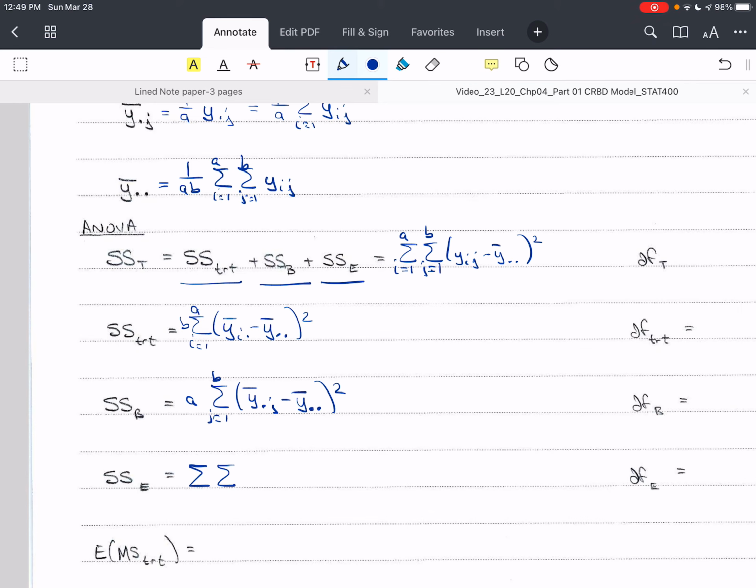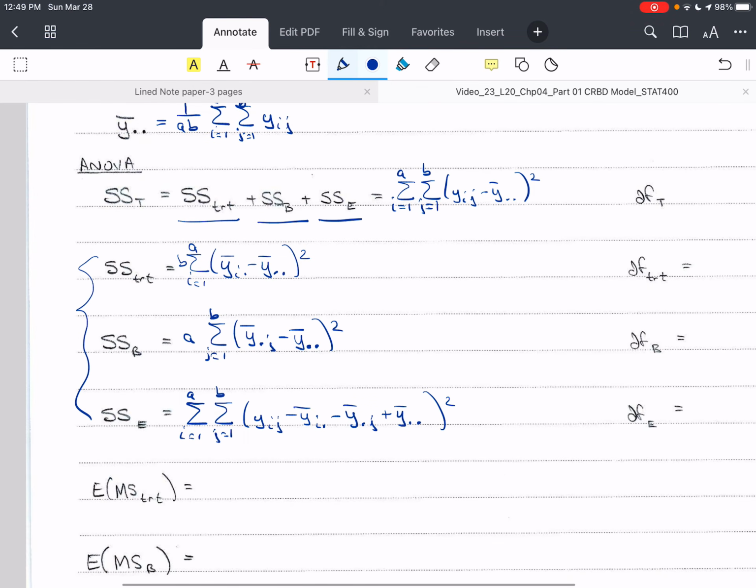It's the double sum of yij minus y i dot bar minus y dot j bar plus y dot dot bar quantity squared. Not a small calculation here. So it's much better to let a computer do that for us. All right. So these 3 add up to SST. Okay? So we still have that partitioning of the total sum of squares.